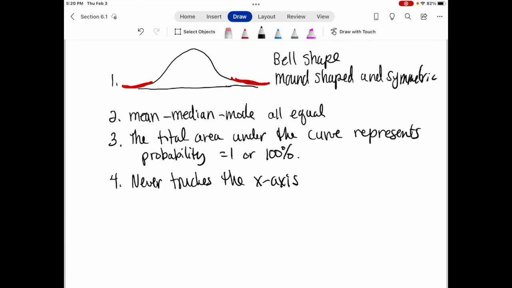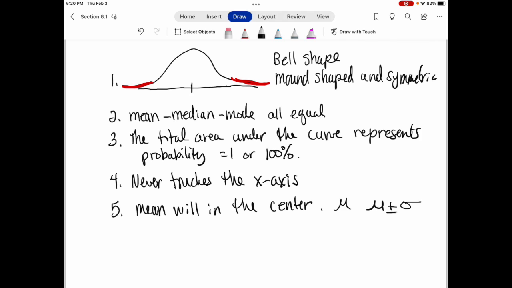Okay, and then the next thing is that the mean will be in the center. And when you're talking about the population mean, we'll call it mu. As you come out in either direction, 1 standard deviation or 2 standard deviations, you're going to take the mean plus your standard deviation, or I'll put down here minus, as you come further and further out from the mean.